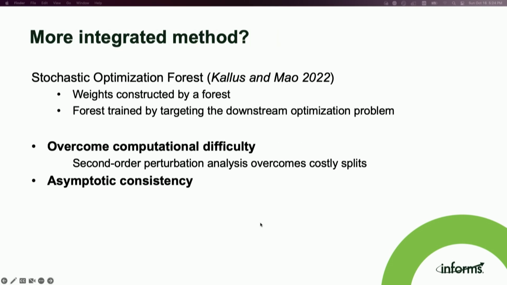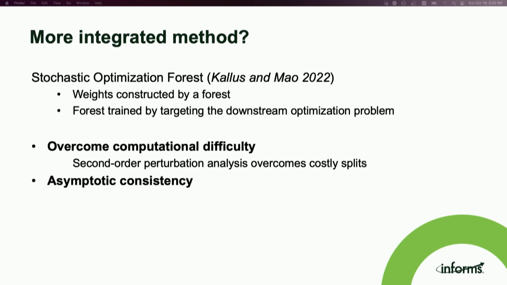Can we construct that weighted empirical distribution using a more integrated method? The more recent paper, Stochastic Optimization Forest, proposed a more integrated method to construct the weights.